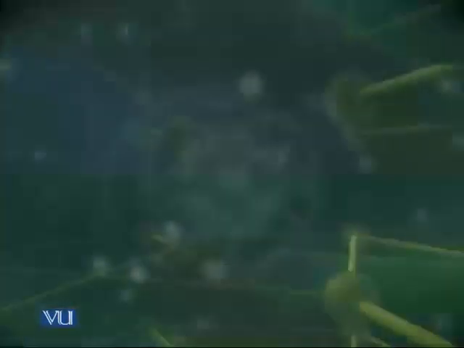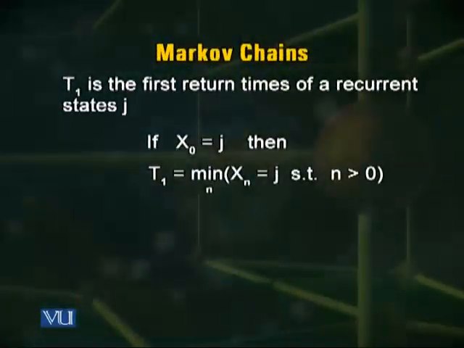So we are going to analyze this concept of return time in terms of the stationary probability distribution of recurrent states. Once again, this idea of average return time is more applicable to recurrent states. So let's do this analysis.